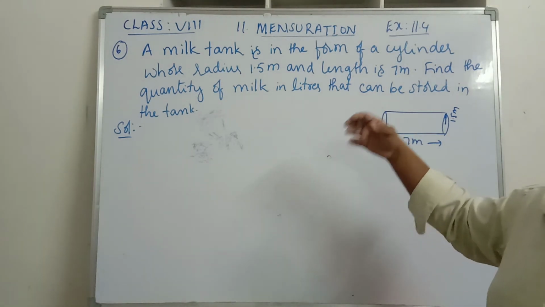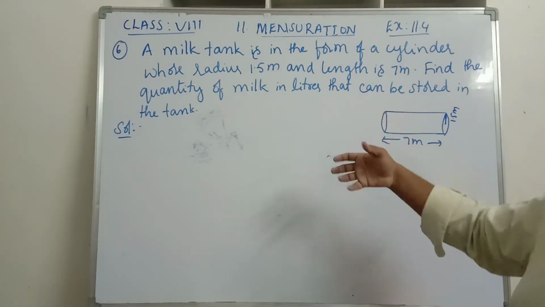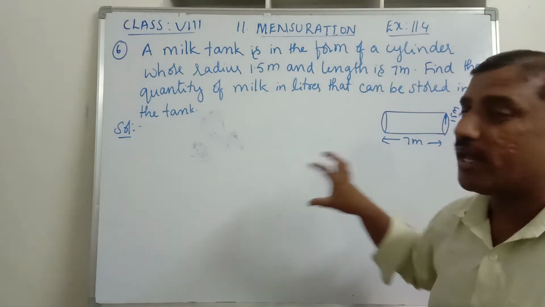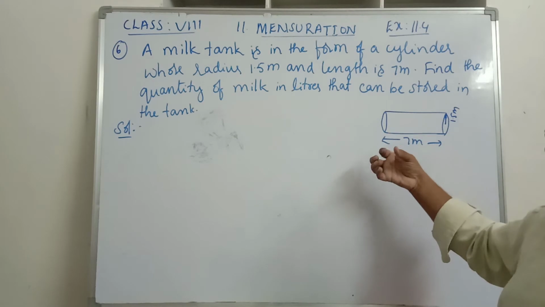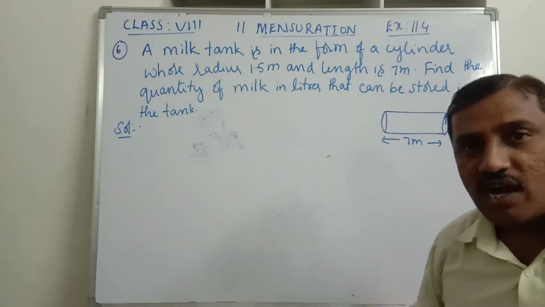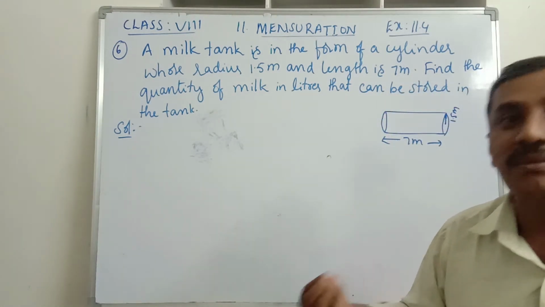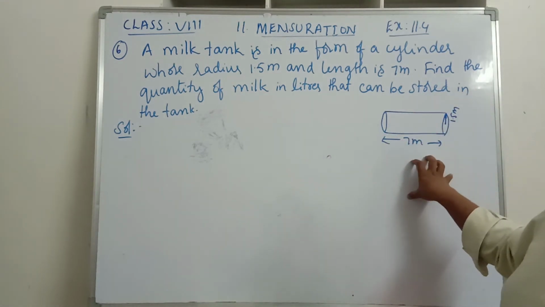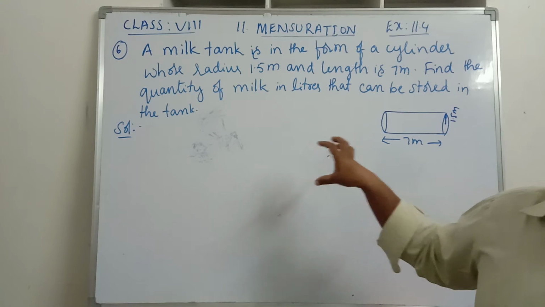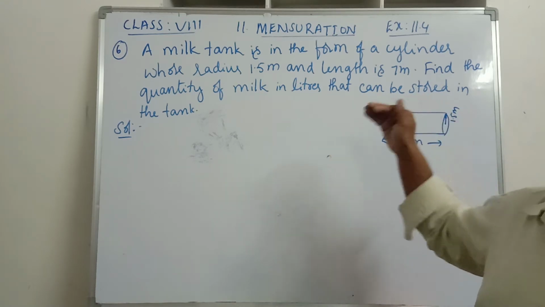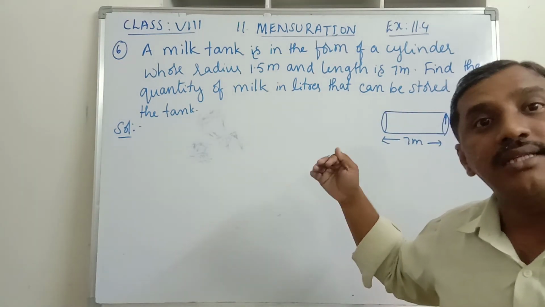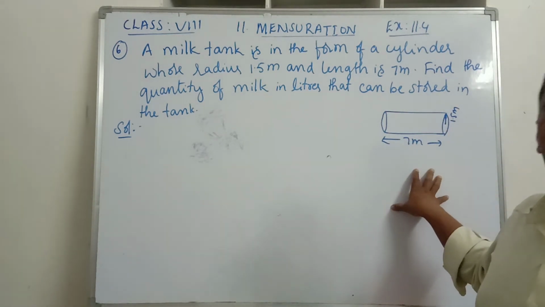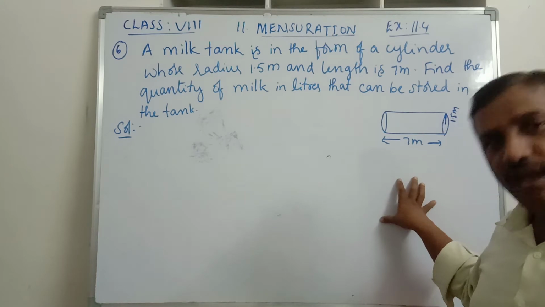Find the quantity of milk means find the volume of the milk in liters that can be stored in the tank. So what we have to find here? It is nothing but the volume of the milk tank, that is the cylindrical tank.